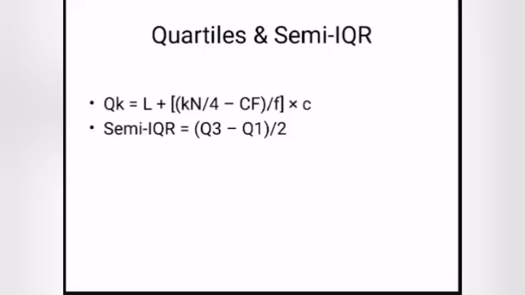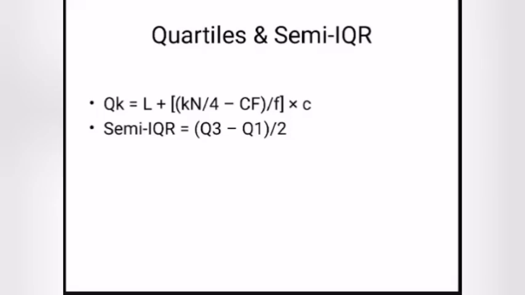So as we all know, quartile is quarter and quarter is 4. So we'll divide the n by 4. This is just the same formula as the median formula, but in this scenario, we're looking for quartile, so we're dividing by 4 instead of 2, and would multiply the total number by the constant there.